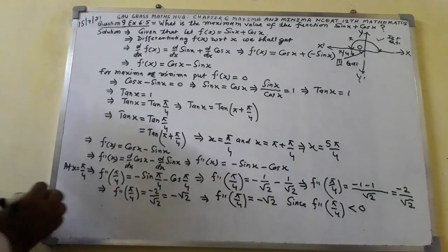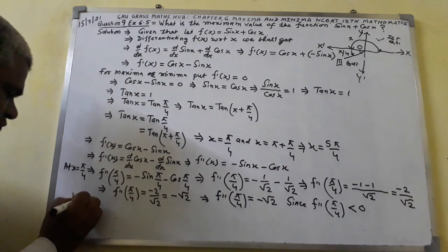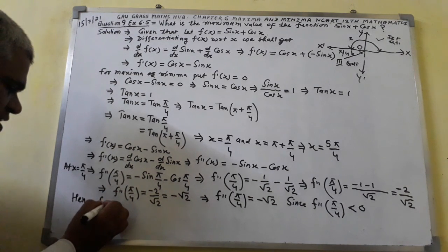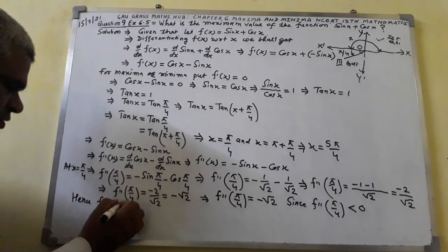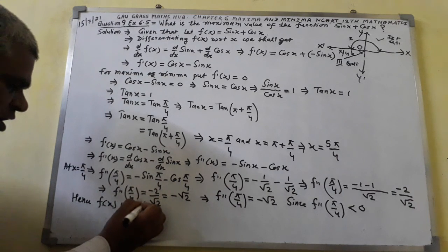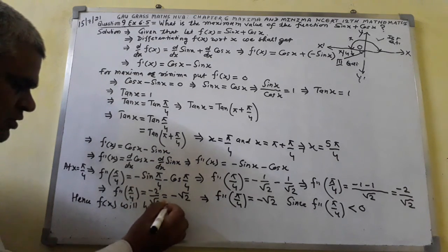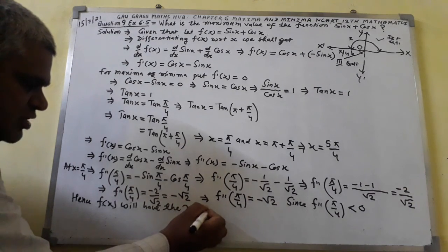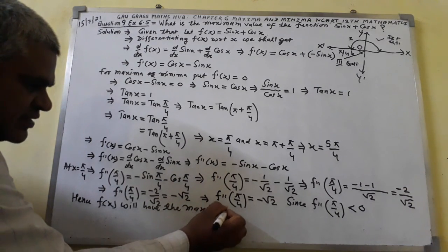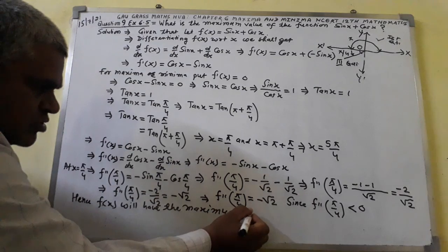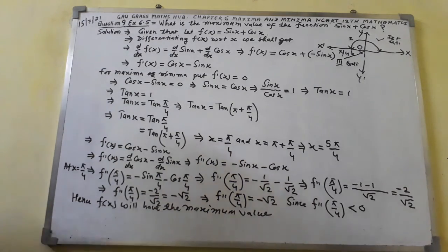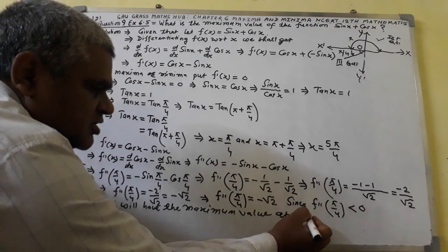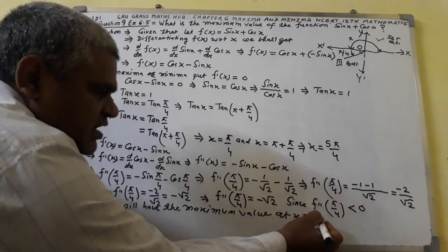Hence f of x will have the maximum value at x equal to pi by 4.